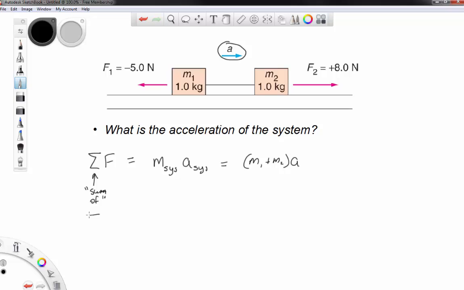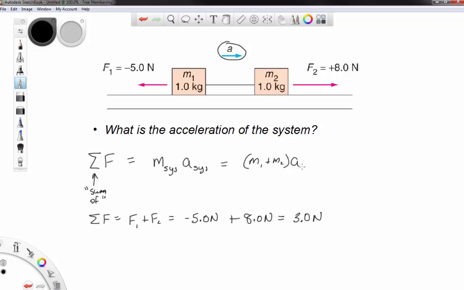The sum of forces part, though, what we do is we literally take each force that's on the system and add them together. So that's going to be F1 plus F2. So F1 is minus 5.0 newtons. F2 is plus 8.0 newtons. And so this total force is basically 8 minus 5, or 3.0 newtons.